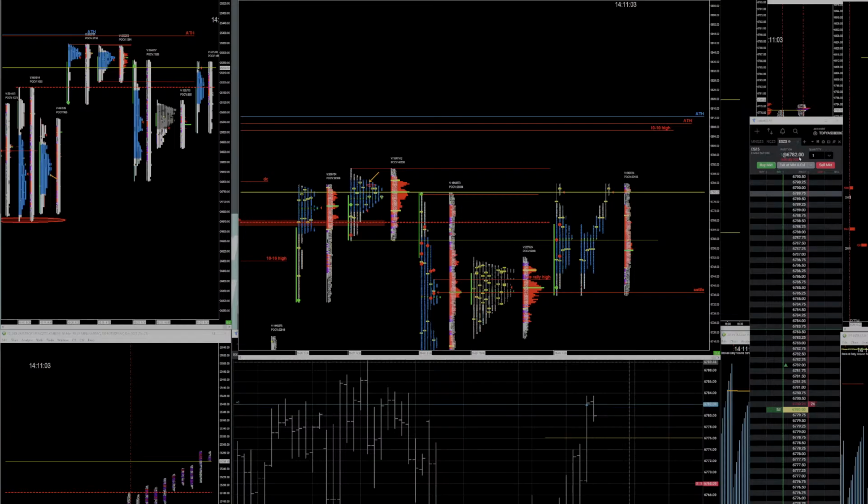One of the things that a trader plays a lot is the reverse to the mean trade. This market is very wide around POC, so it's going to come back to POC. So I am going to short this market right now, for example.